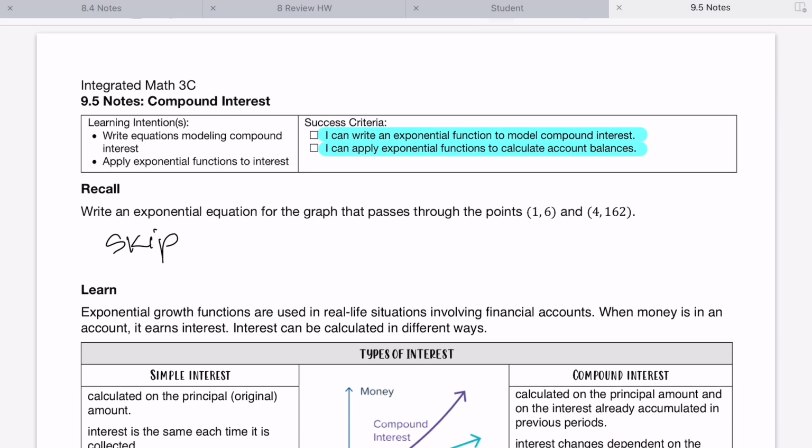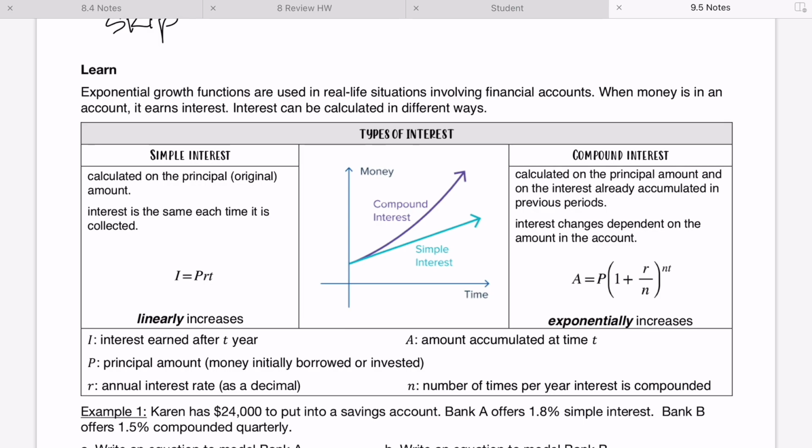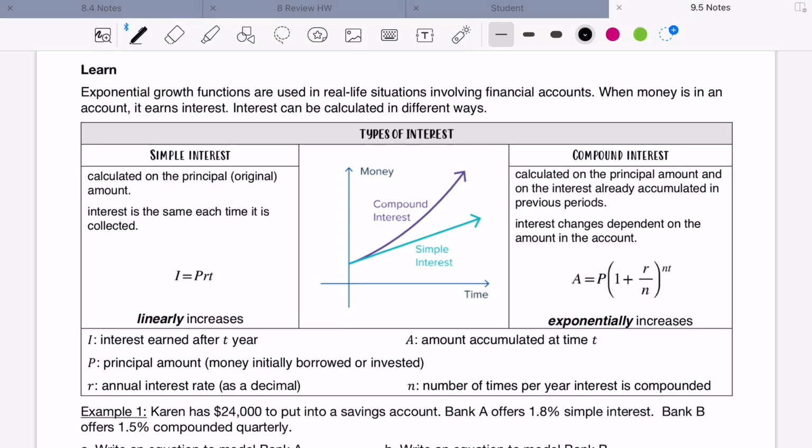And then we are going to take a look at what we're learning. So we do a lot of exponential growth in real life situations when it comes to financial accounts. When money is in an account, it earns interest, and it can be calculated different ways.